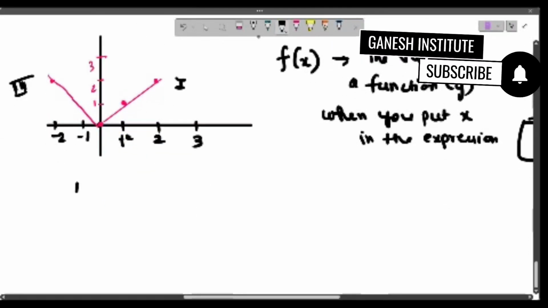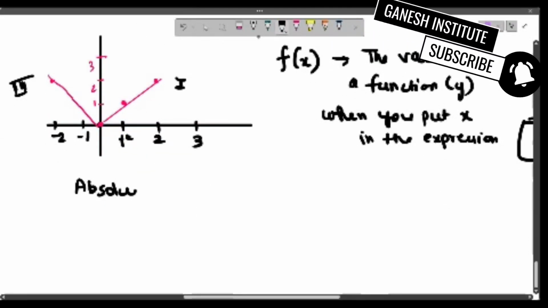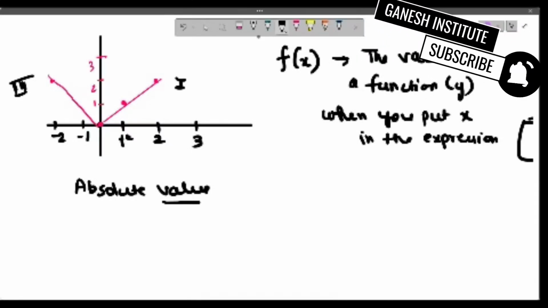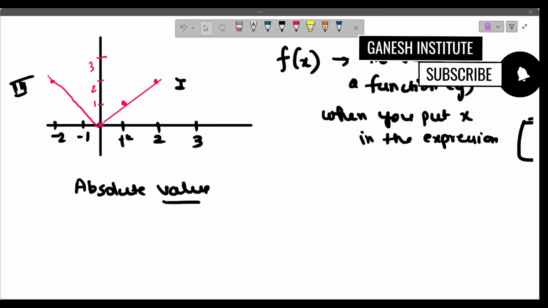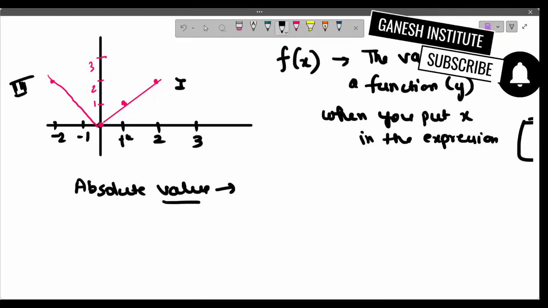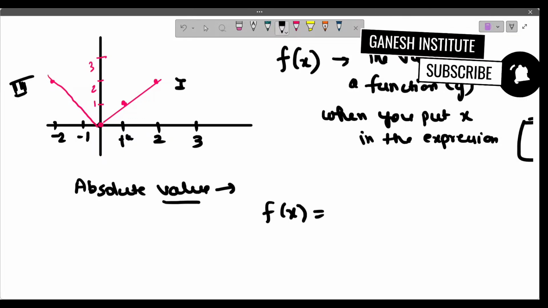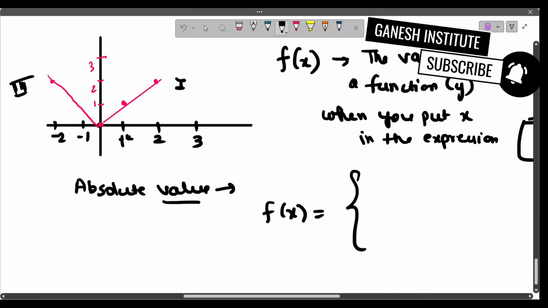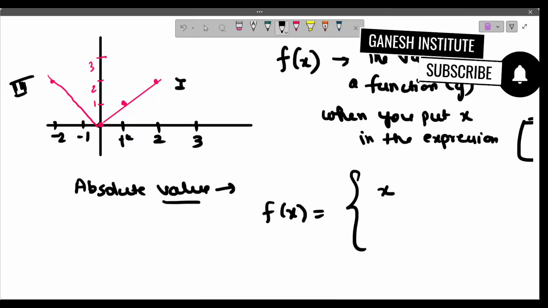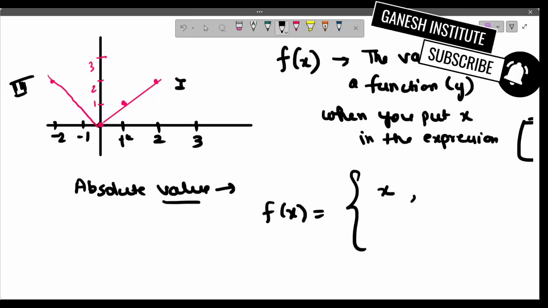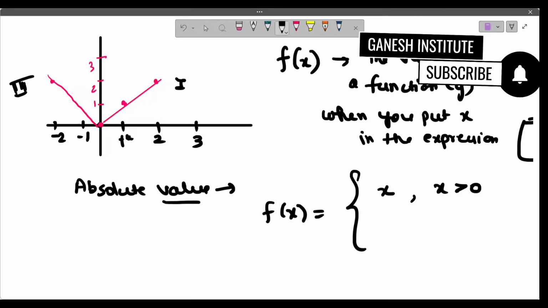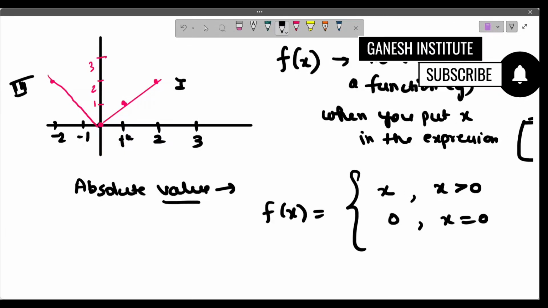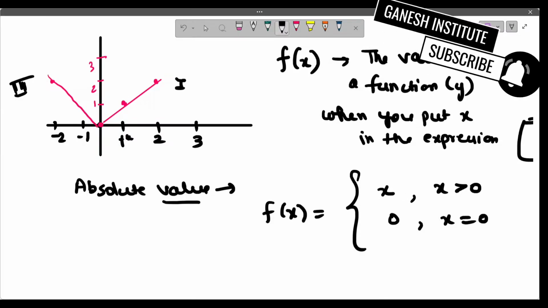So what do we have in the absolute value or modulus function? When I represent it in the form of a function, I'll say that the function will have positive values for x greater than 0, 0 when x is 0, right?